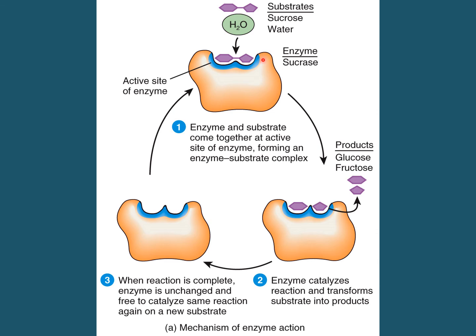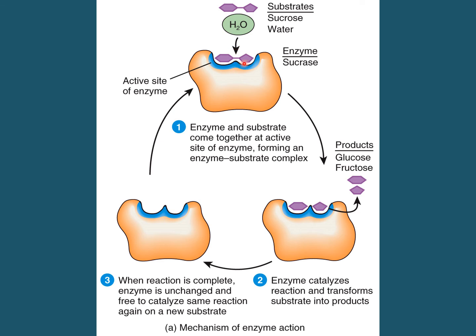In this case, the sugar sucrose is being broken down by this enzyme. Enzymes have a binding site or an active site where the molecule will bind to that protein. In this case, sucrose binds to sucrase in this blue area right here.